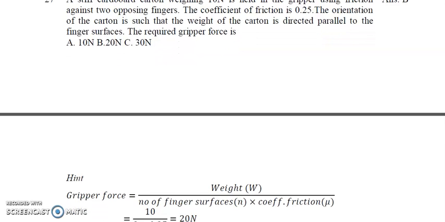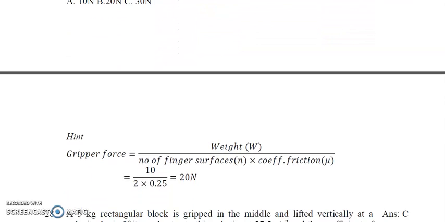So the hint is, the gripper force is equal to the weight divided by number of friction finger surfaces into coefficient of friction. Simply remember W by N mu. W is the weight, N is the number of finger surfaces, and mu is the coefficient of friction.